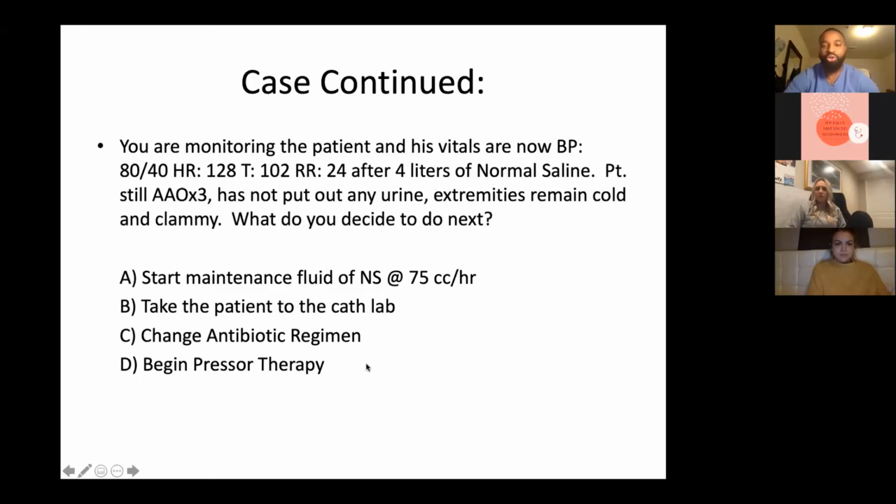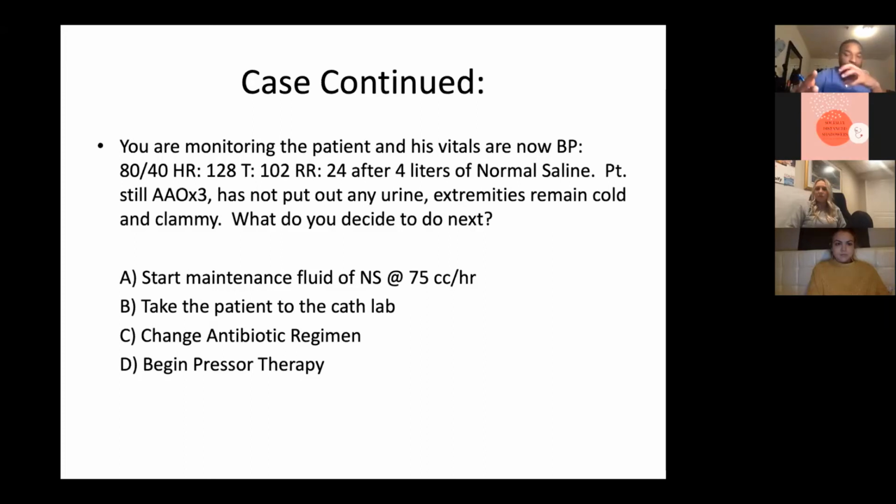So the next thing we'll do, we have to now begin the pressor therapy. So we're supplying fluids, but the problem is the resistance is not allowing for all that fluid in the vascular space to be delivered properly, right? It's a two-way street. It's a two-part thing.